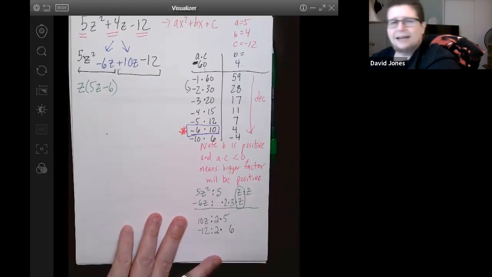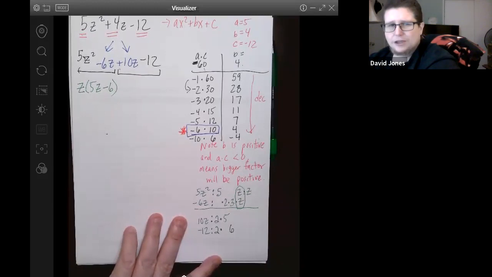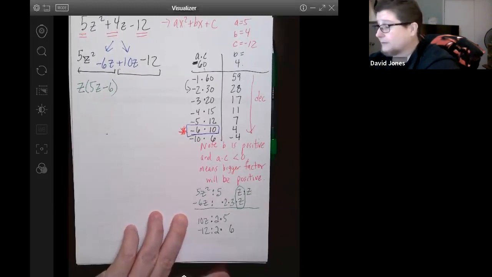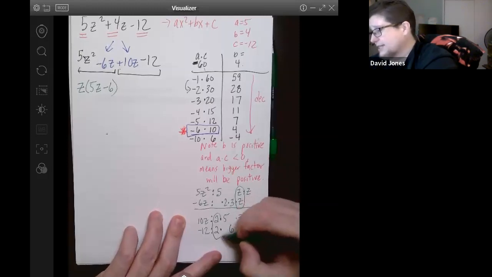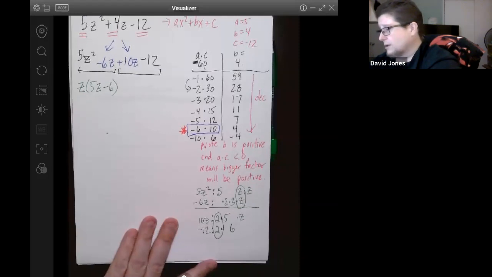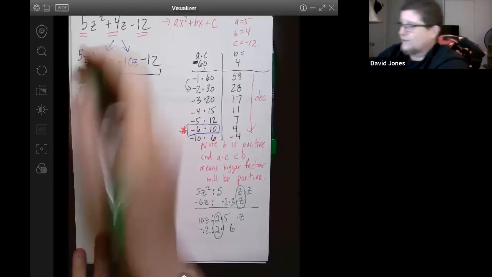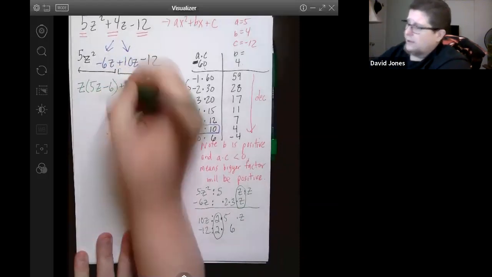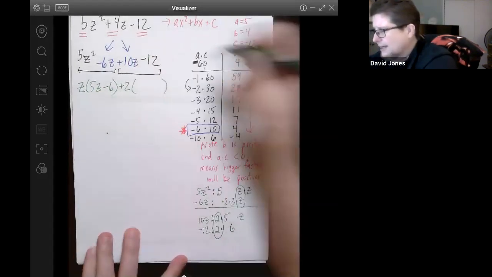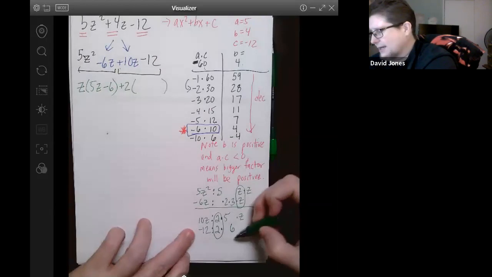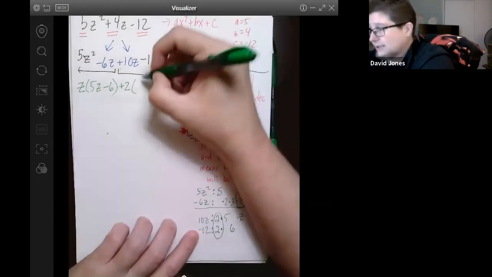So I'm going to leave it as a 6 for now. Until you're comfortable recognizing things don't match up, you should factor it all the way down. And then this one has a z and the bottom one doesn't. The GCF here is a 2. So I should have a 2 plus 2. And whatever I have left over goes in parentheses. Again, 5z, and then we've got a minus and a 6.